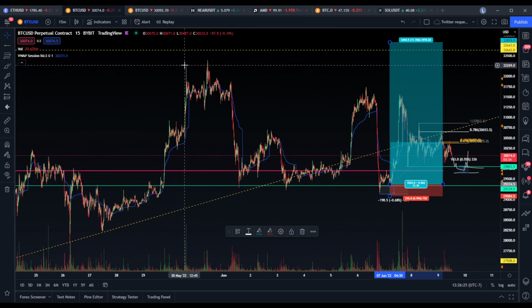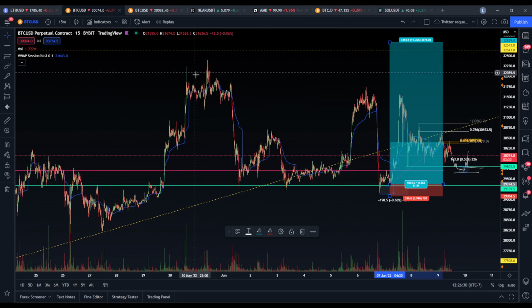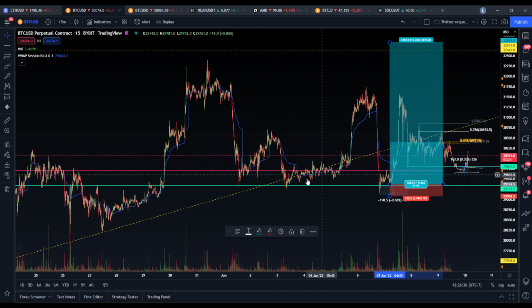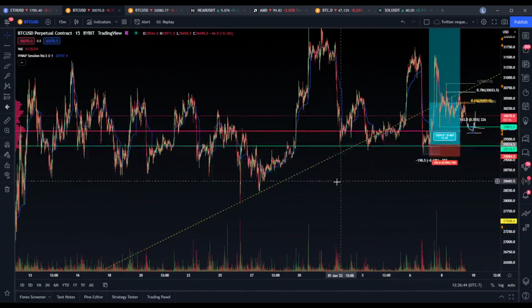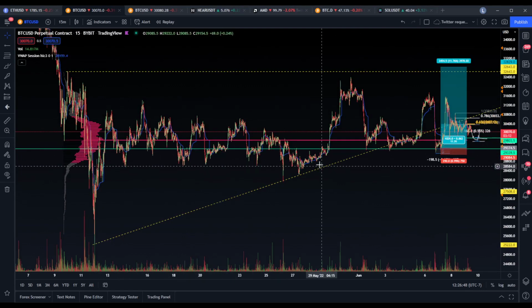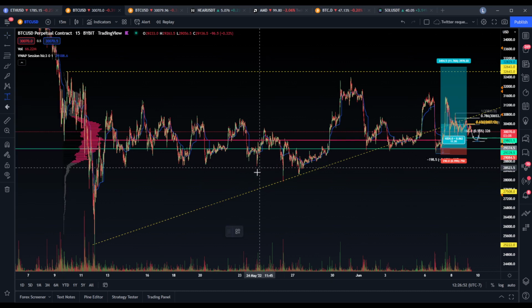I like swing failures because they're the strongest type of reaction you can get at resistance or support, where you see all that volume come in and a rejection, and they give you the tightest invalidation. And what that means when you have tight invalidation is you can take a bigger size and maintain your risk management. So, there might be some positions where you say, well, I'm going to open a swing long in this range, but my stop needs to be under, let's say, this low.